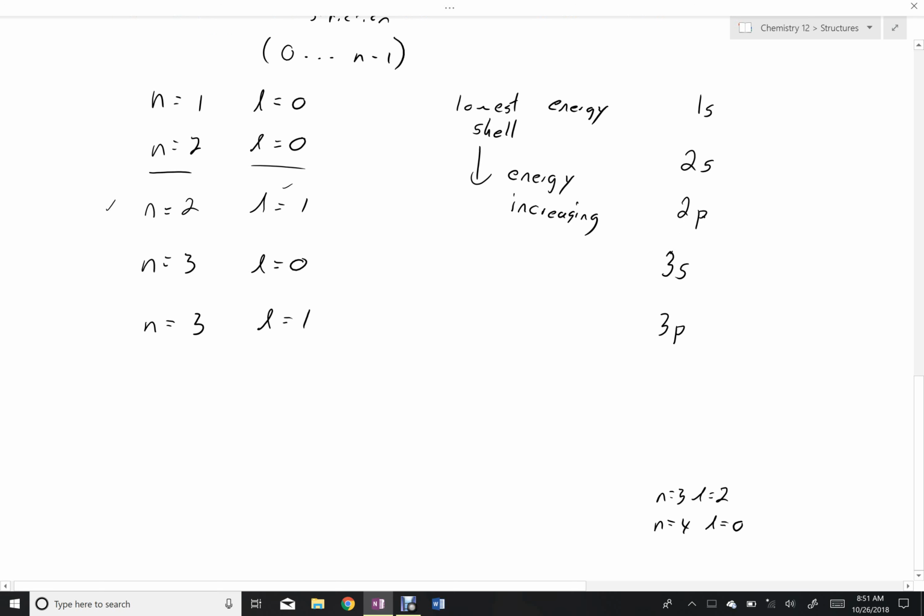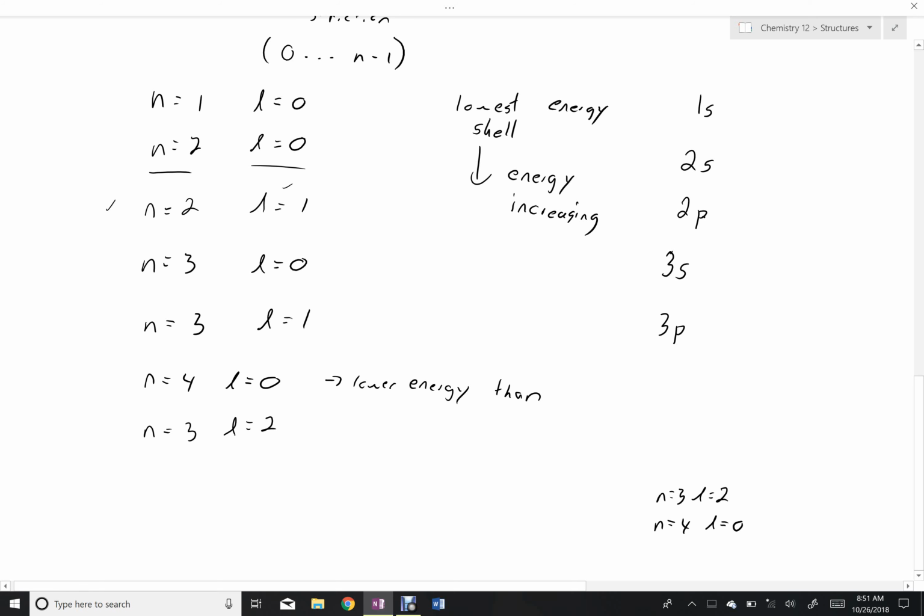And what happens here is that n equals 4, L equals 0 is actually lower energy than n equals 3, L equals 2.